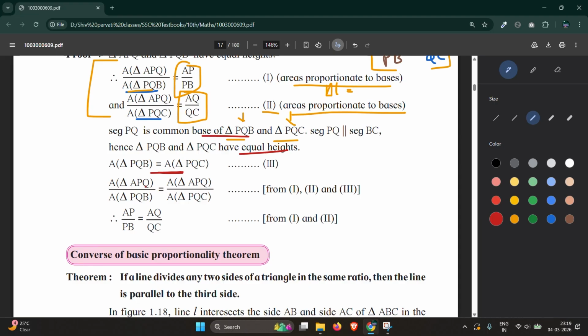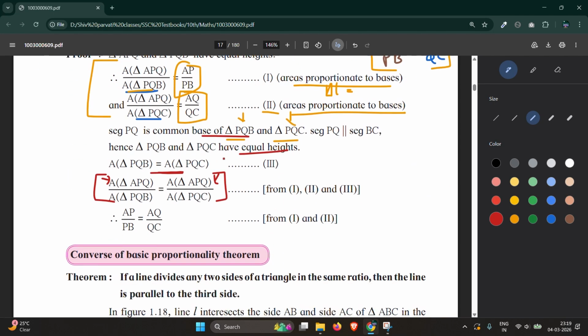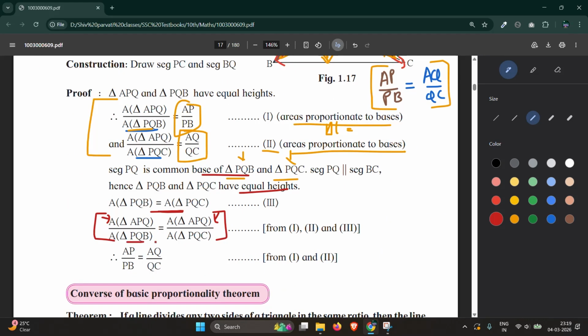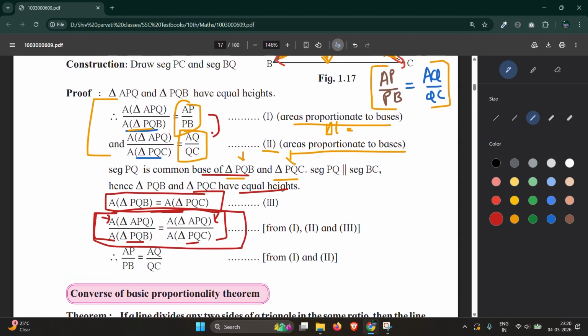And because the area is equal, this equation over here will be true, right? Because the numerator is the same in both the equations. We are just taking the area of this upper triangle, divided by once this area and once this area. But because both of these areas are the same, which we just proved over here, we can say that this full equation is true. And because of that, we just equate these to each other.